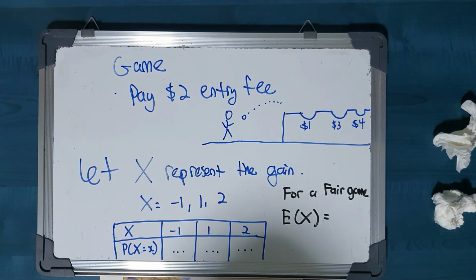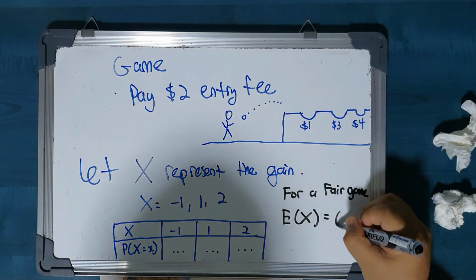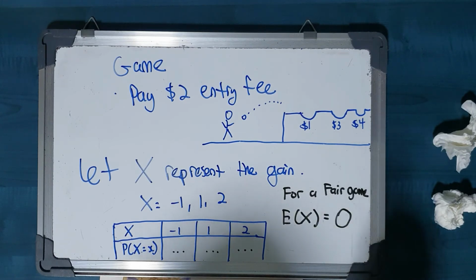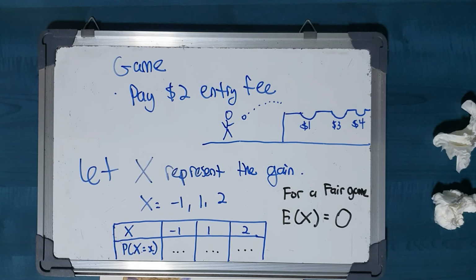If you think carefully, and relate to what we have learned just now, the answer is 0. If X represents the gain, and we want for a fair game you neither win nor lose, so by definition the expectation value should be 0.